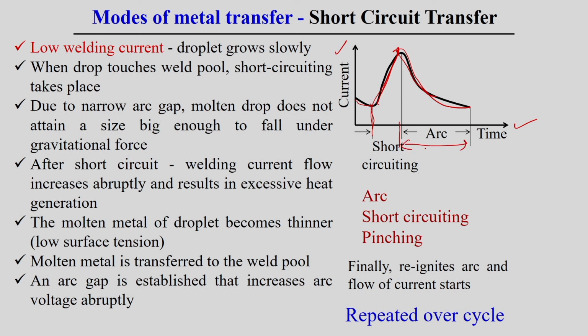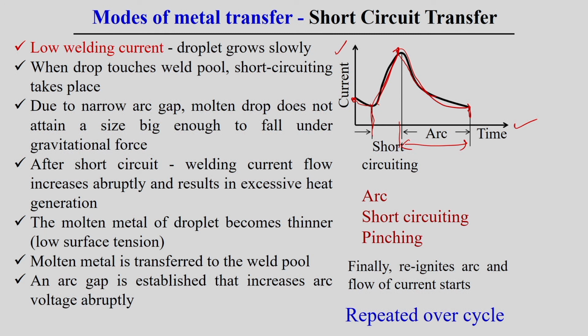Once the arc gap is maintained, the current actually decreases, but the potential difference, the voltage, increases abruptly. When it reaches this point, which corresponds to this point, again a molten droplet is created and touches the workpiece material, and a similar phenomenon happens.